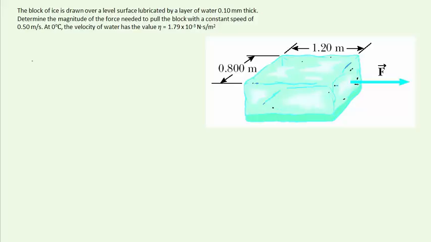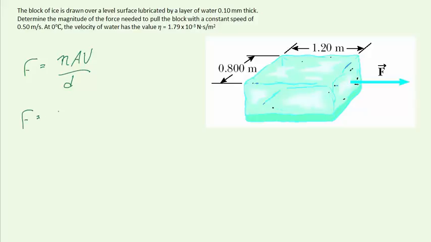So we know we can solve for our force with the equation that force is equal to eta times our area multiplied by our velocity divided by our distance between the layers.